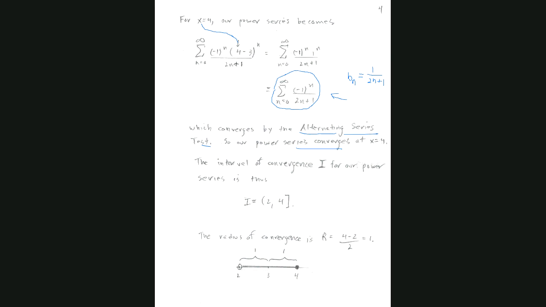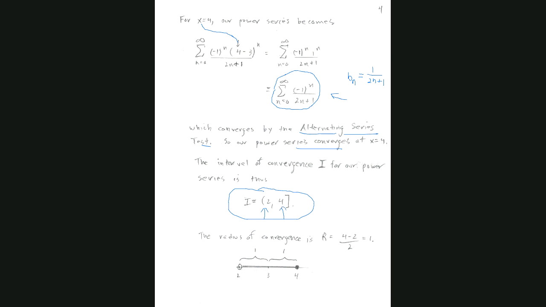And therefore, our interval of convergence is the interval from 2 to 4, but it's open at 2. The interval of convergence does not include x equals 2, but it does include x equals 4.